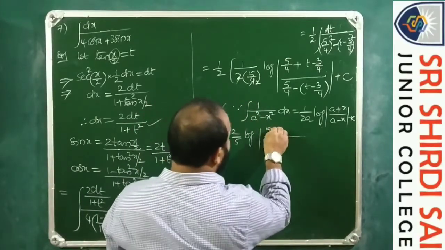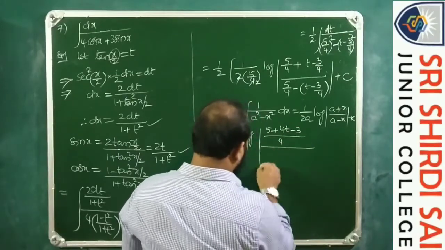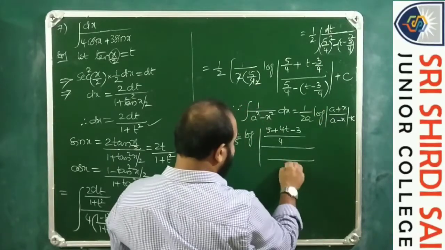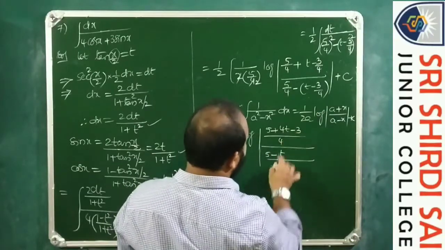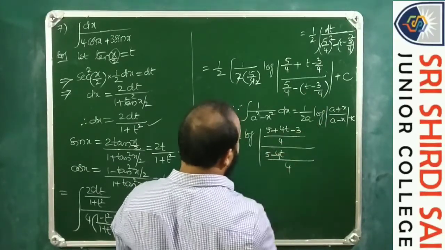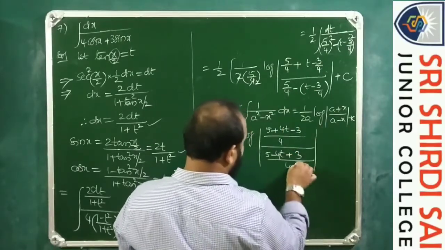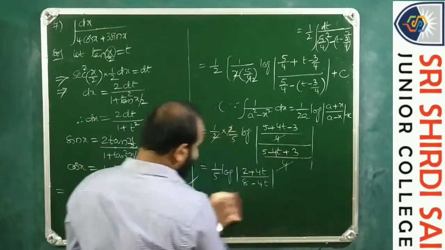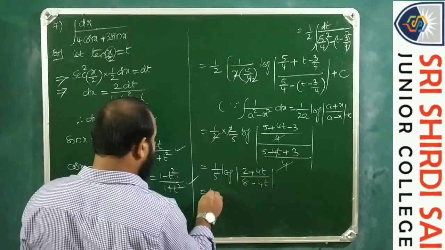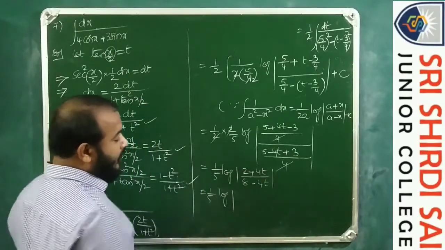So 5 plus 4t minus 3 by, here also LCM is 4, 5 minus t, 4 times 4t minus, minus plus 3, 4 gets cancelled. So 2 gets cancelled here, is equals to 1 by 5 log, 2 both on numerator as well as denominator.